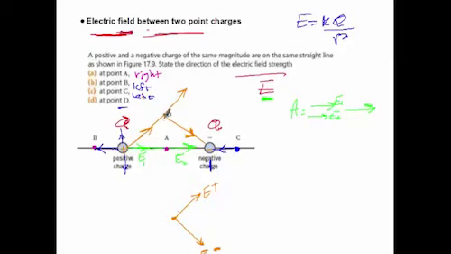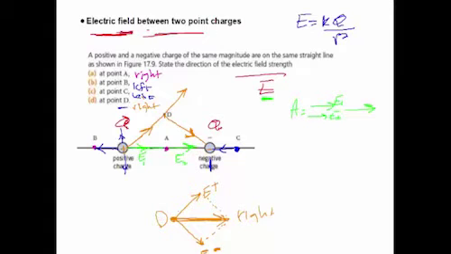This is a midpoint. Okay, so we have an equal-sided triangle. As we did before, completing our parallelogram, this will be the resultant E at this point D. So this is the resultant, toward the right again. So it is toward the right for D.